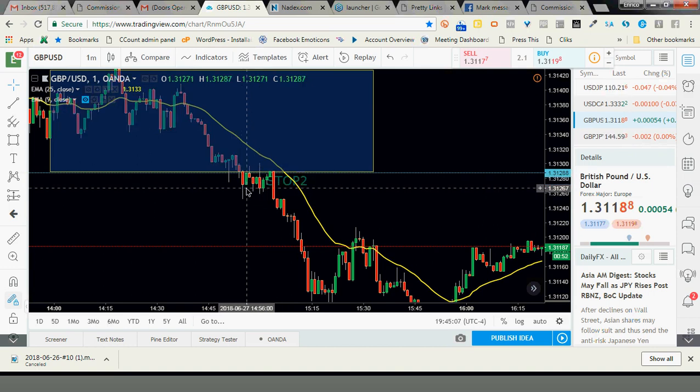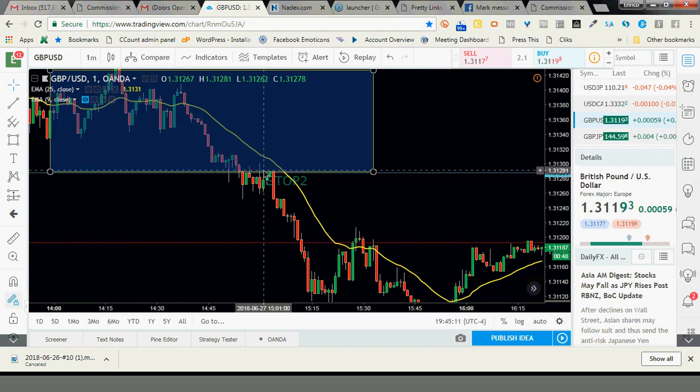Just like this false breakout extends, but this teaser break is dangerous because it's going to break down, and when it goes back, it's not going to snap back as quick.